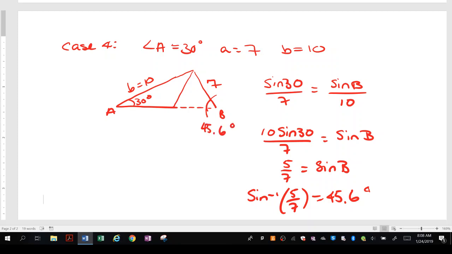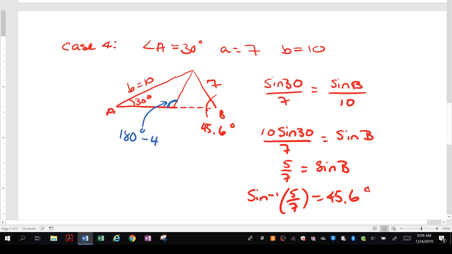Now, you'll notice, though, that this triangle here could exist where this is an obtuse angle. This is an acute angle. So here, it is possible for this triangle to exist as well. This angle here would be 180 degrees minus 45.6 degrees, or 134.4 degrees.